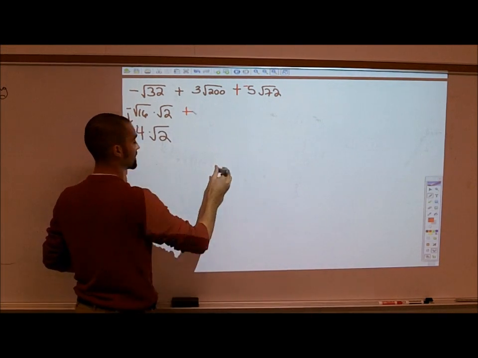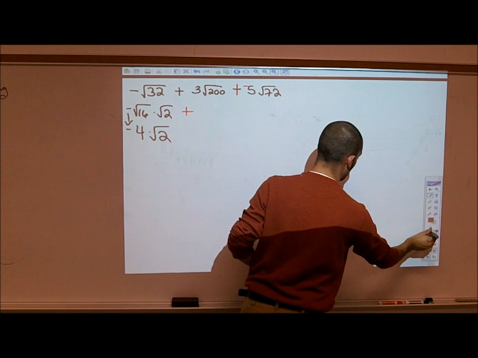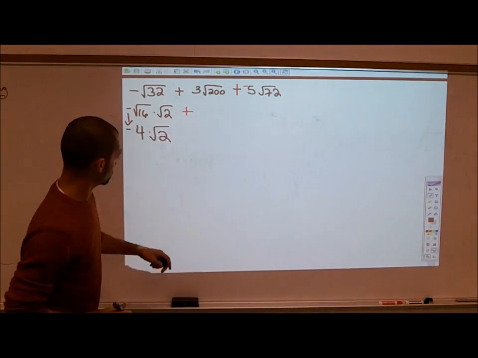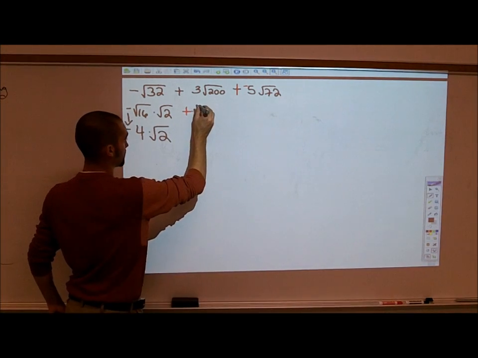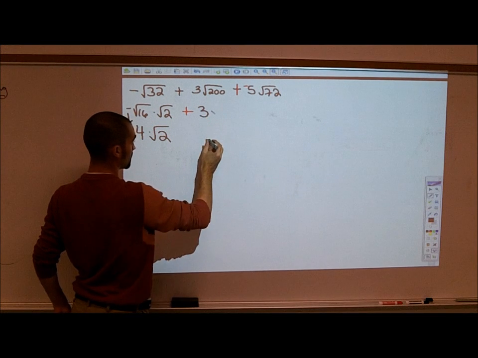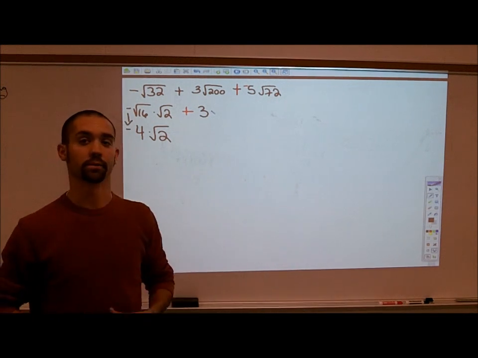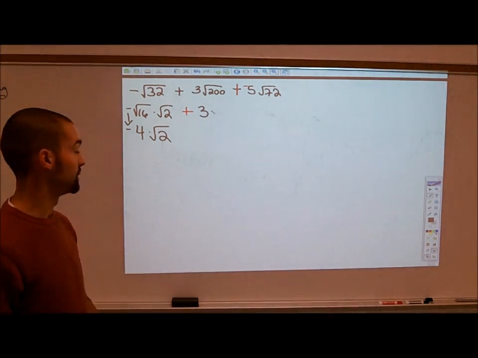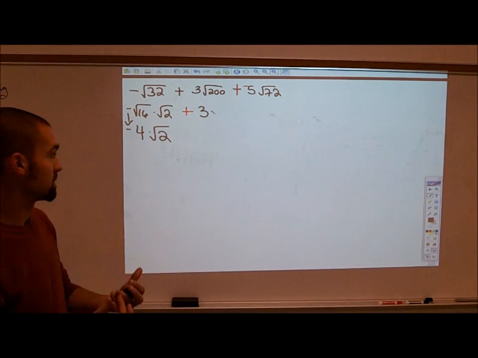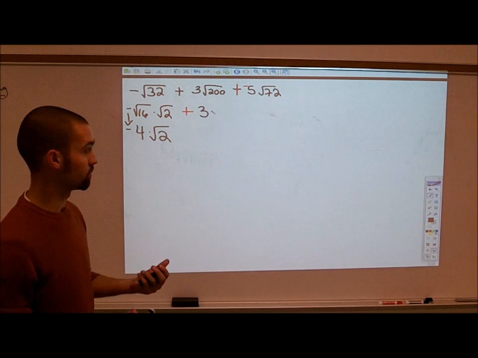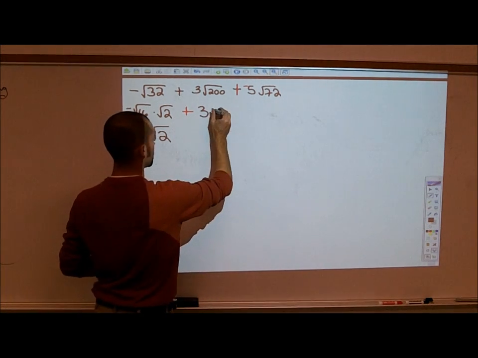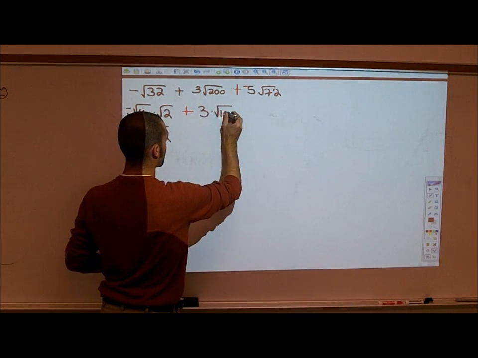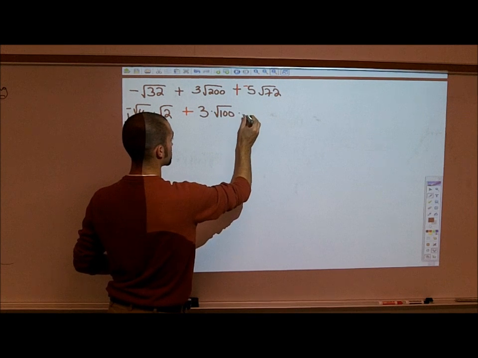I'm going to put my plus sign there because I know there's that barrier. Alright, I'm going to have 3 here. Okay, I'm looking at that 200. Very large number. Is it a perfect square? No, it is not. What's the largest perfect square that goes into 200? Well, it happens to be 100. And 100 times 2.